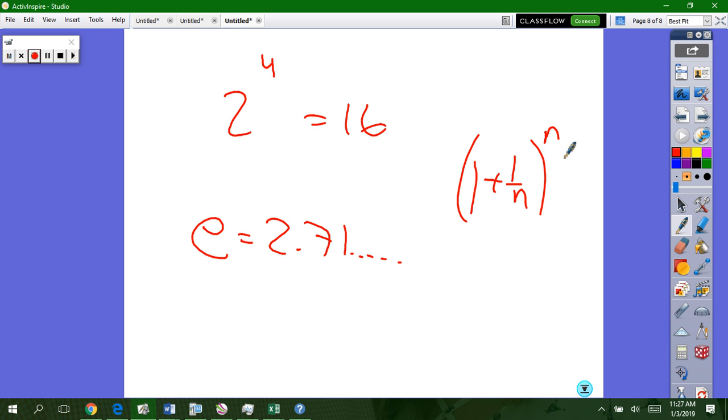E is just a number that happens when you have continuous compounding or continuous decay. You've heard of that, right? Carbon-based: everything that we have has carbon in it, and it decays at a certain rate.